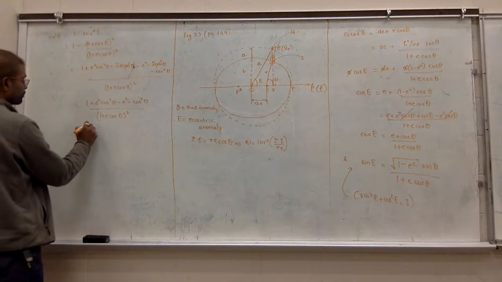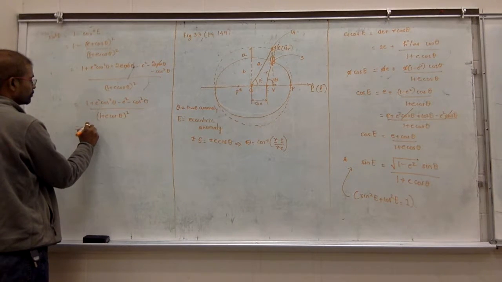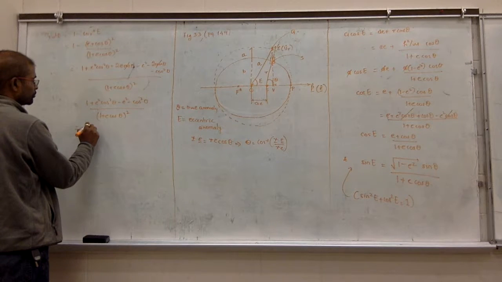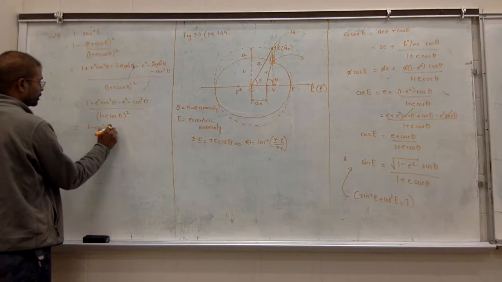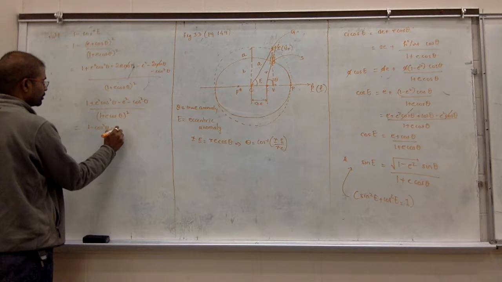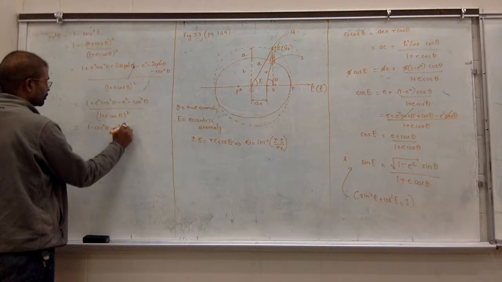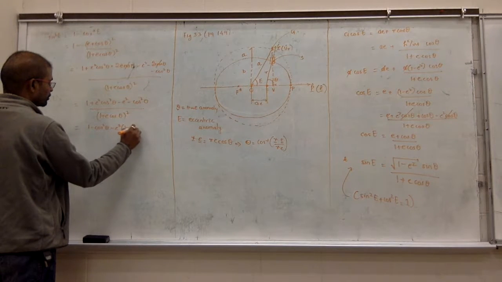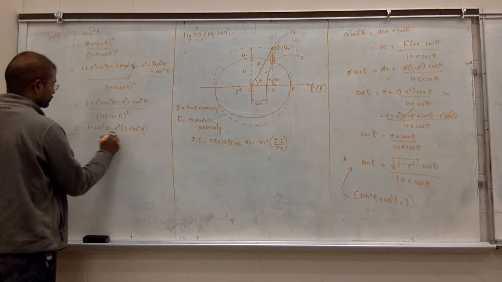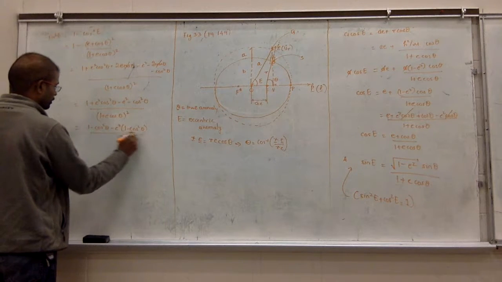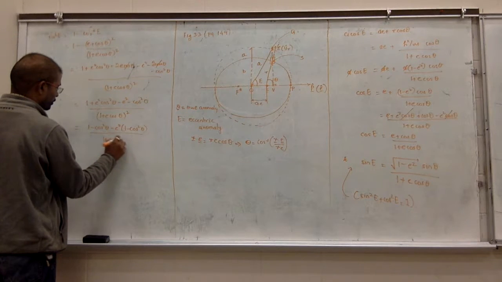This is equal to 1 minus cosine square theta minus e square into 1 minus cosine square theta, divided by 1 plus e cosine theta.